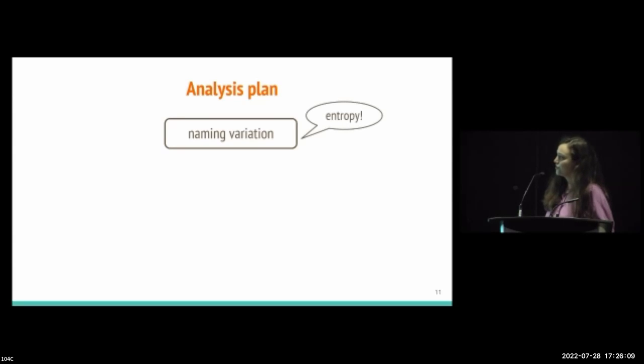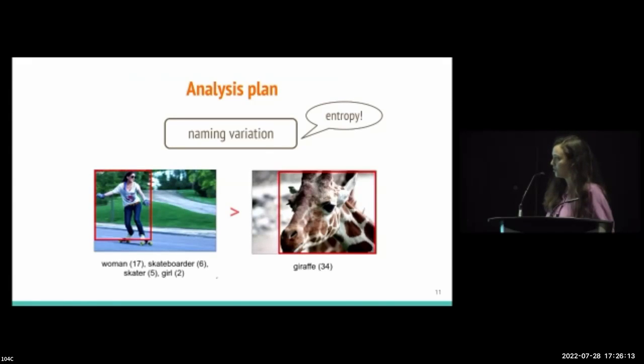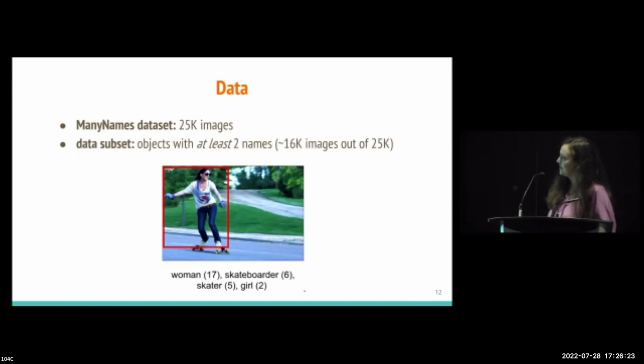And to measure variation, we are going to use entropy. This is a measure that just expresses the fact that this object has received more different names by many different people, while this one has no variation. And to do this analysis, we're going to use the ManyNames dataset that I mentioned before. This has 25K images, but we're going to work on a data subset that is the objects that have at least 2 names.